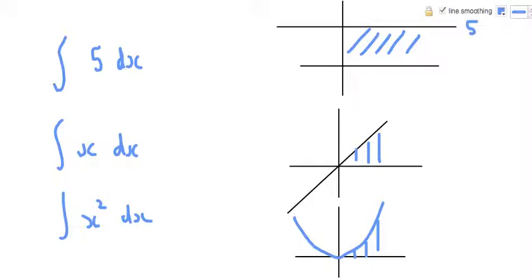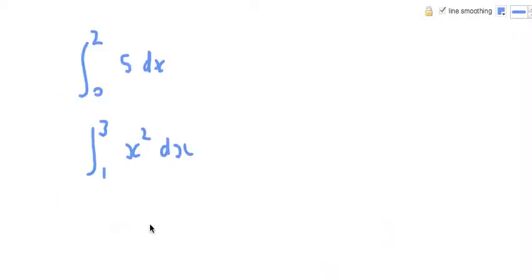So what I've got for you to work on and practice for next time is this integral to do. I put some numbers in now just to give a value. So integrate 5 with respect to x and see what you get, and then put the numbers in. And do the same for x squared, you know the pattern now, and put the numbers in.